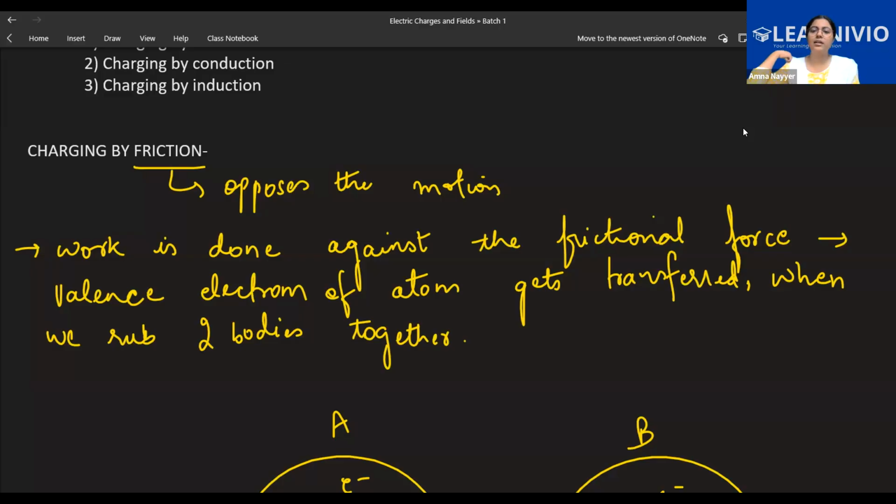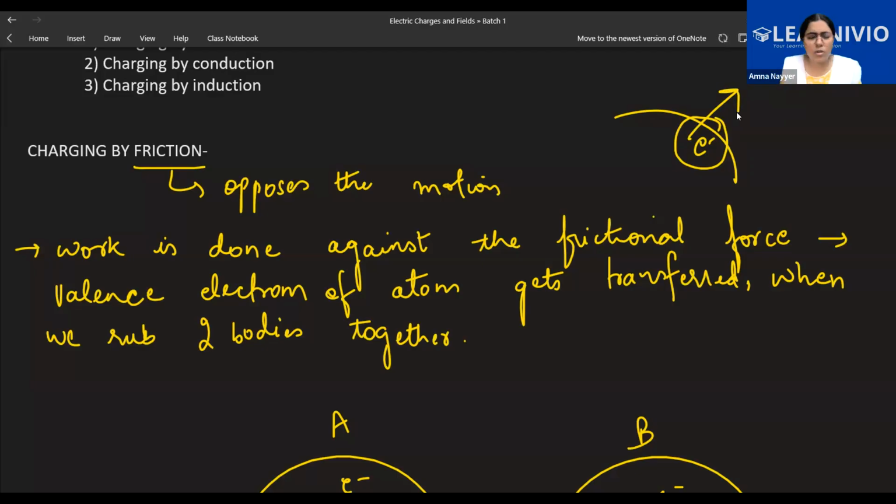The valence electron, the electron in the outermost shell, when heat is created, because frictional force is itself a dissipative, non-conservative force, whatever is the work done in overcoming this frictional force when two objects are rubbed, the electron gets transferred from one body to another.